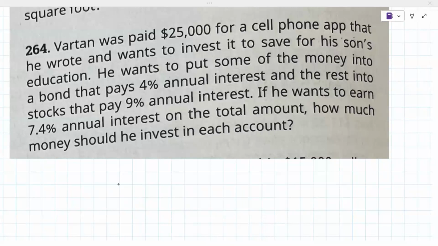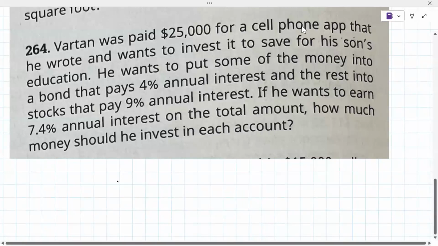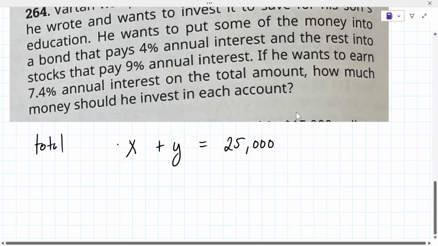So he wants to invest, and there are two types of investments he can make. So typically you go x plus y equals 25,000. That's your total equation. And then it's percentage times amount.